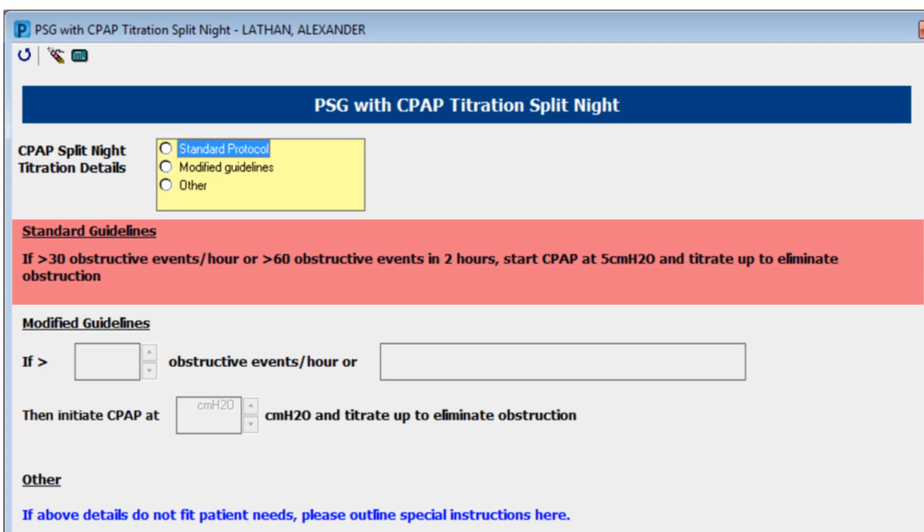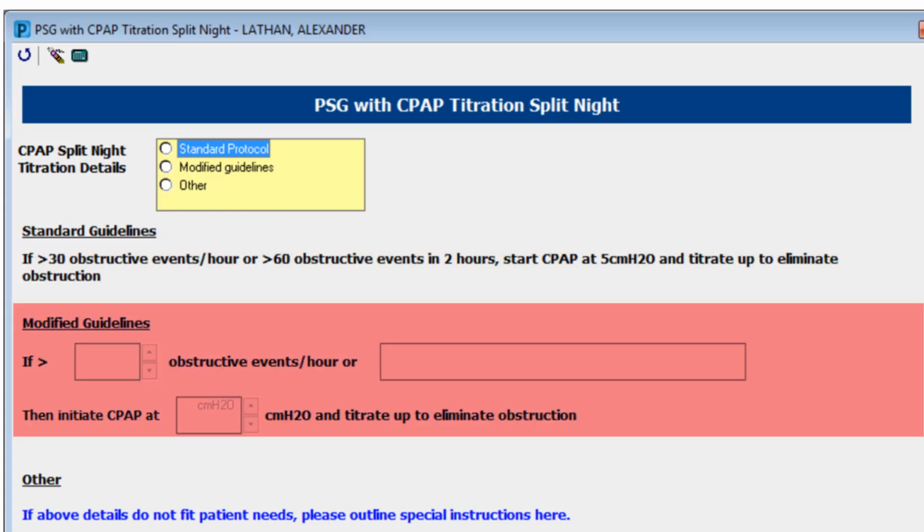However, if you have a child who's on CPAP, currently using it at 7, and you want to make sure that they are appropriately titrated because they've put on weight or it's been 2 years since they were last titrated, you might say, if they have 10 obstructions an hour, then start them back on at 7. You might also say, I want to start them on 7, but if they're having obstruction, I want to jump right up to 10. So this allows you to really dictate your requests.